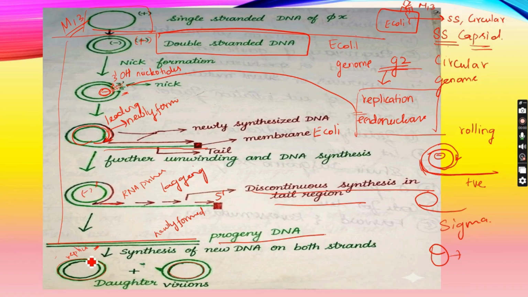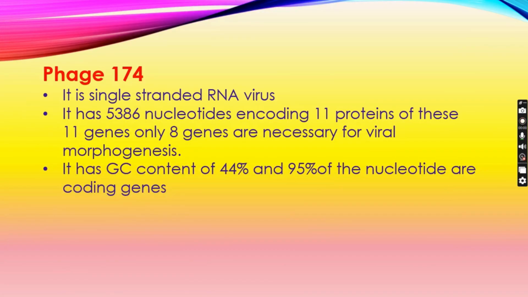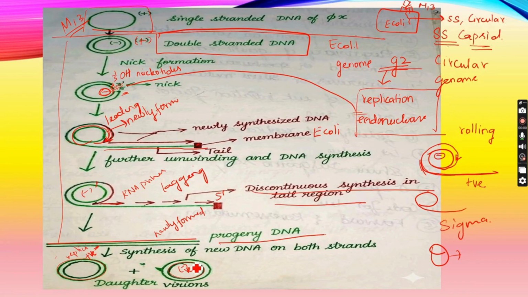Here we can see that this is a newly formed positive strand, and this is a newly formed lagging strand, that is a negative strand, which is going to be involved in the next replication process for positive strand synthesis.